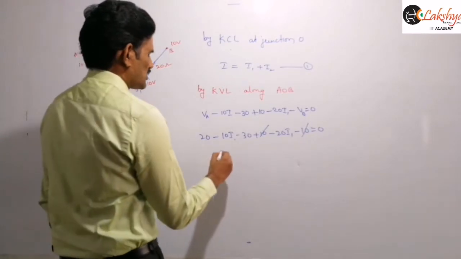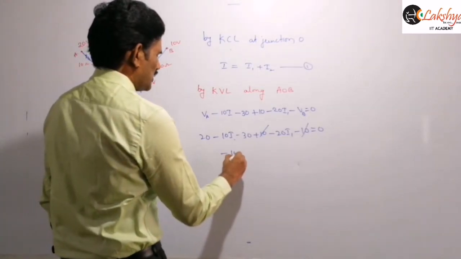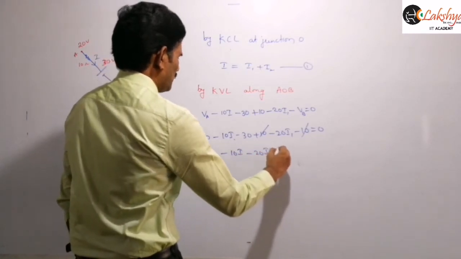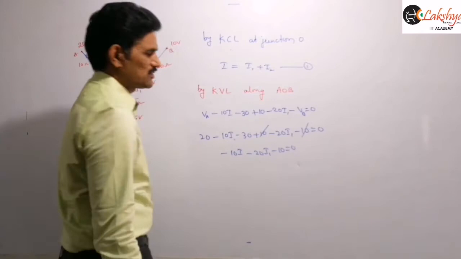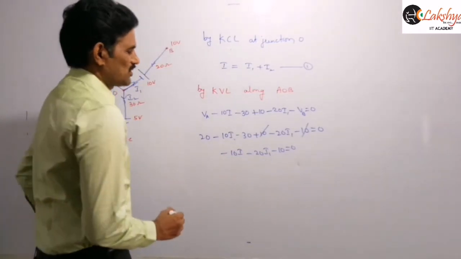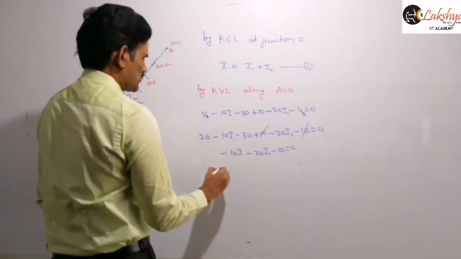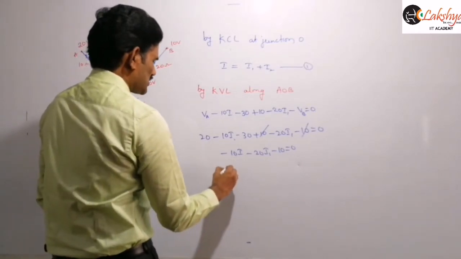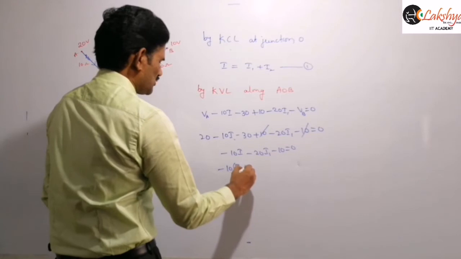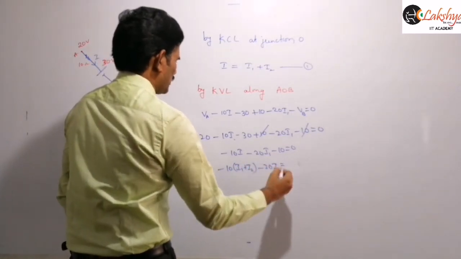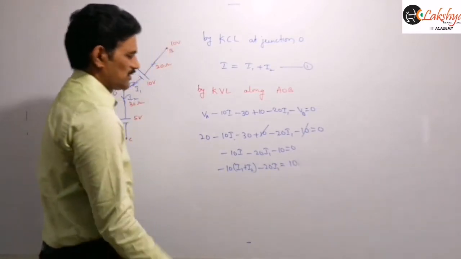So I can write this equation as minus 10I minus 20I1 minus 10 is equal to 0, right? And this I means I1 plus I2, you can substitute here. So I can write this as minus 10 of I1 plus I2 minus 20 I1 is equal to 10.